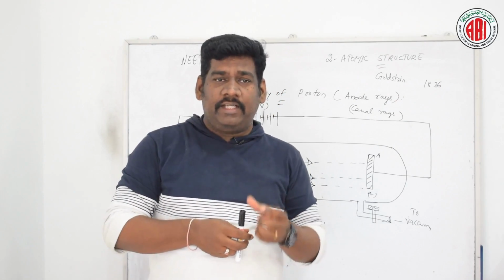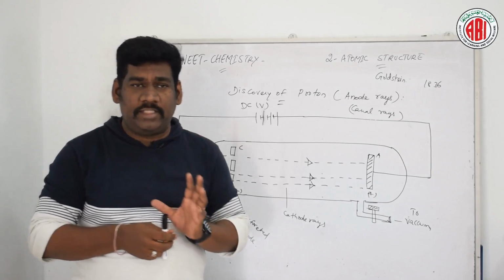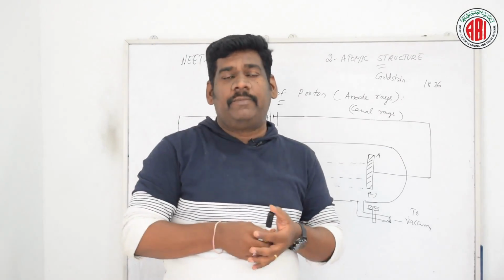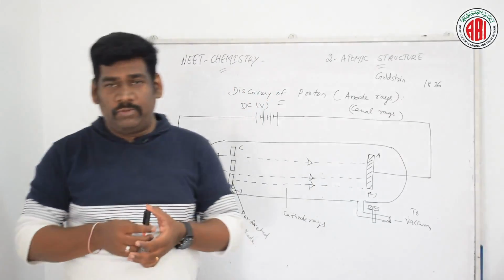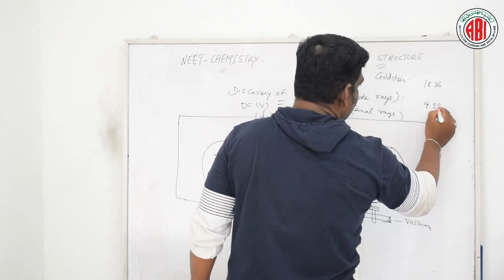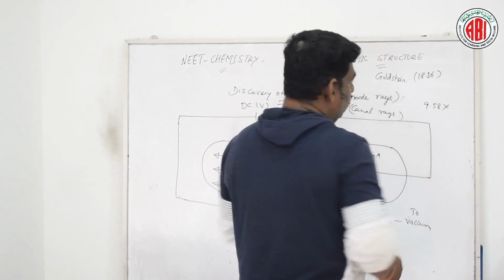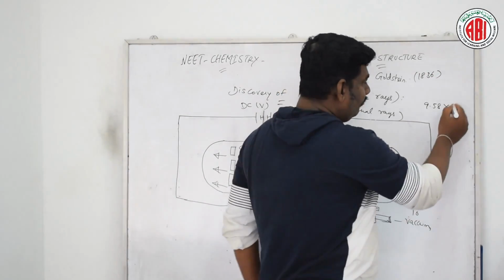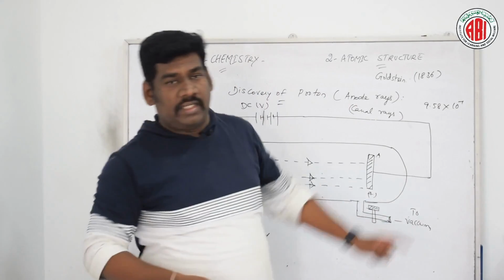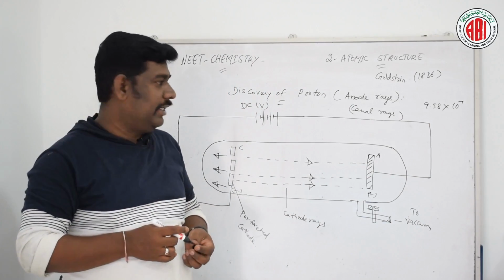For example, in the case of hydrogen, the charge to mass ratio was maximum, with a value of 9.58 × 10^7 coulombs per kg.